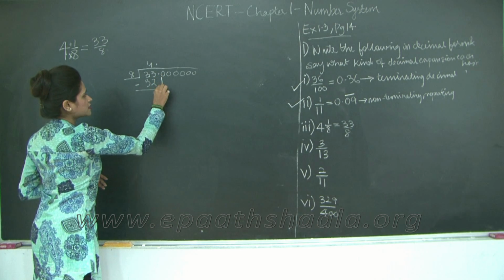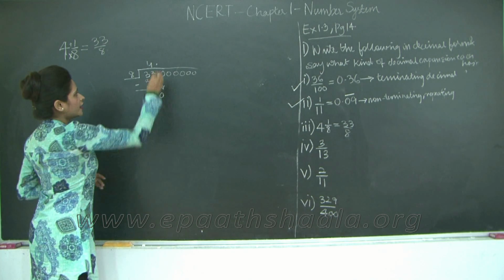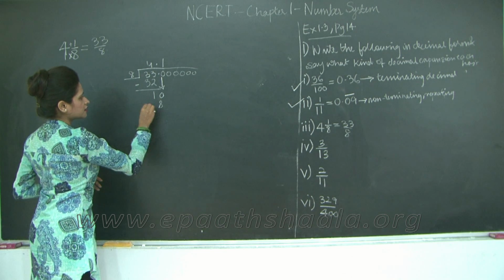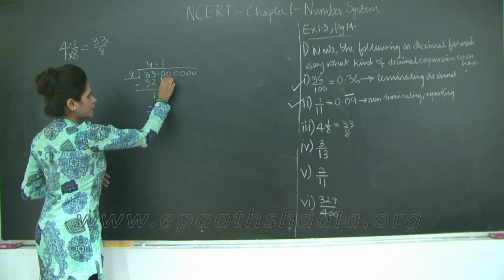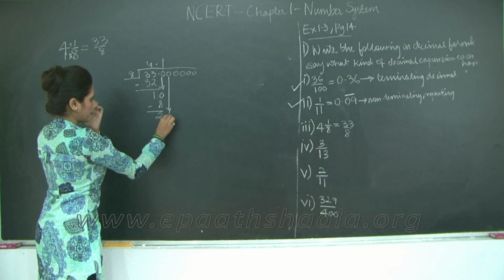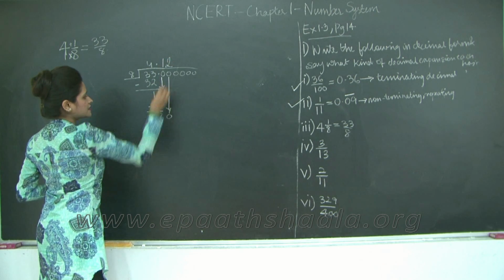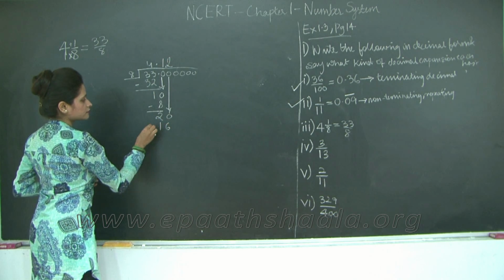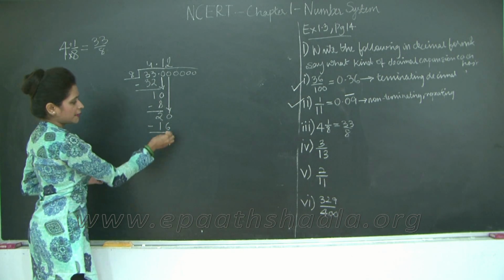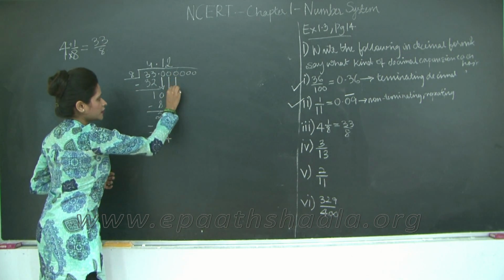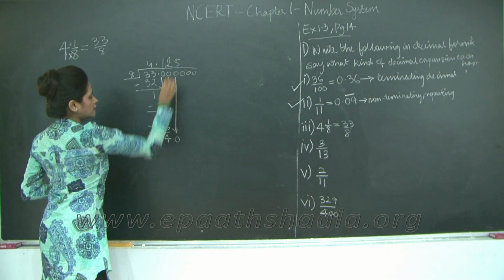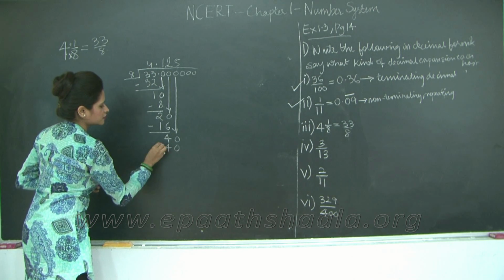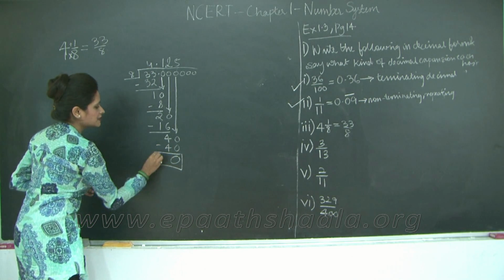I bring down this 0. 8 1s are 8. So 10 minus 8 is 2. I bring down this 0. 8 2s are 16. 20 minus 16 is 4. I bring down this 0. 8 5s are 40. So I got my remainder as 0.